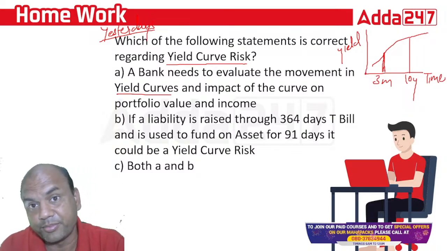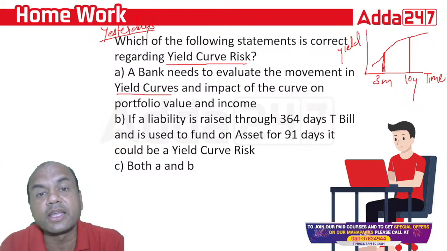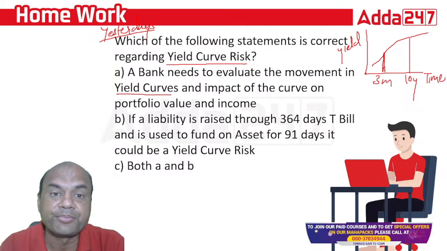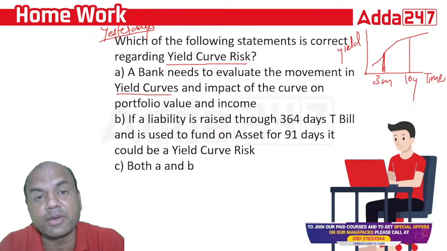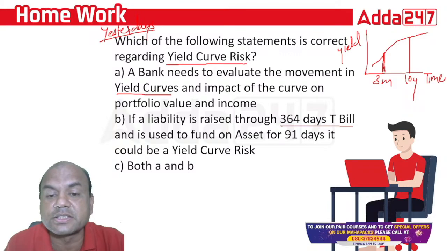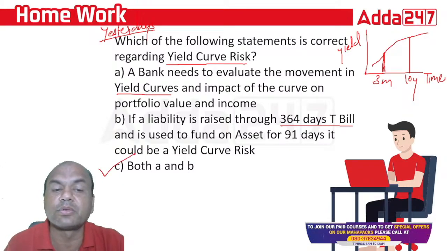Yes, because once this 91-day loan matures, I need to give it to someone else again. Will I be able to give it at the same rate? The liability is fixed at 364 days, because the rate of interest is fixed for the liability, but the asset rate is changing. So I will definitely face the yield curve risk. So the answer is C, both A and B.